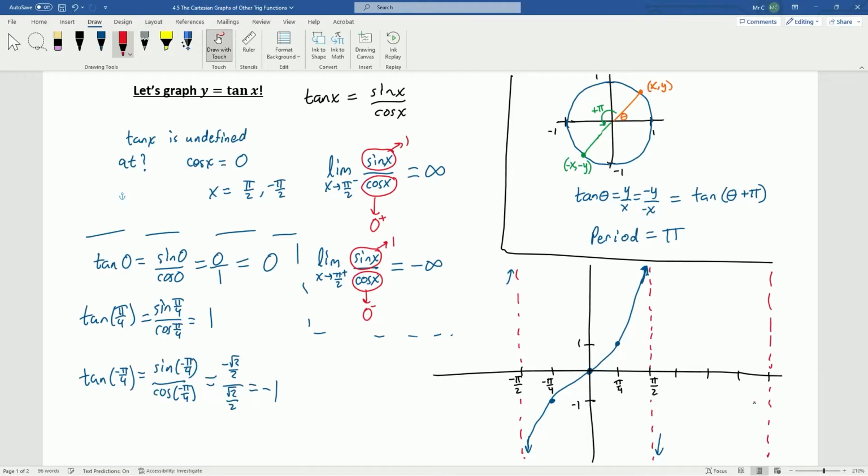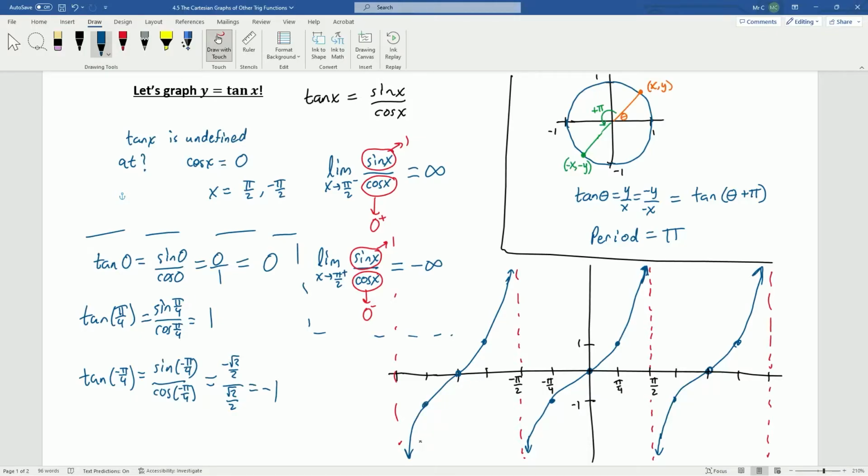Every time I add pi, this graph will repeat this pattern. Okay, so that's our graph of tangent.